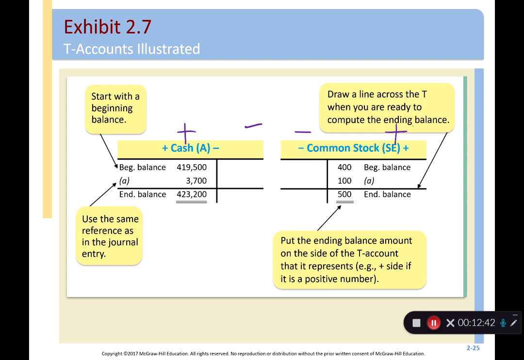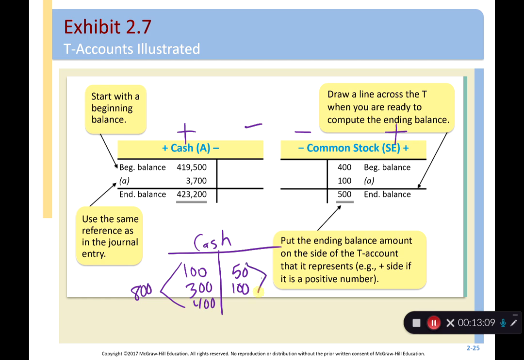So the way you add up a T account, I'll give you another example here. For cash, let's say we add 100, 300, and 400, and then 50 on this side, and another 100. What you do is you add up your debits, so 3, 4, 5, 6, 7, 8, $800.